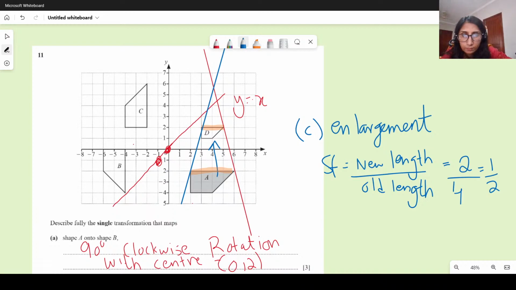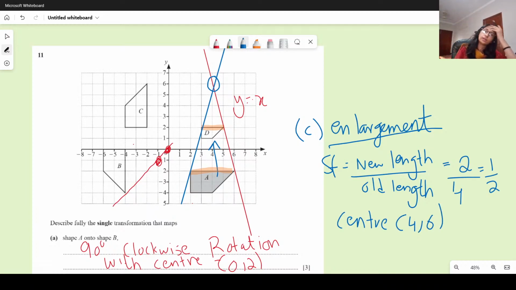So I didn't do a great job at making the lines meet, but I'm pretty sure they're meeting here at 4 comma 6. Let me quickly check from the marking scheme. 4 comma 6, yes. So enlargement with scale factor half and center 4 comma 6.